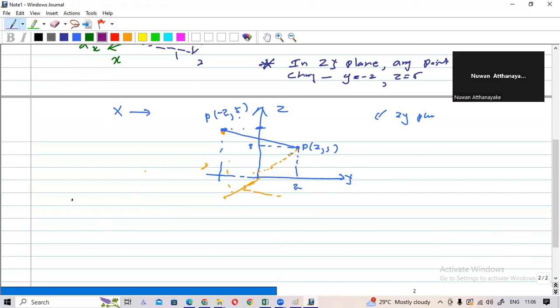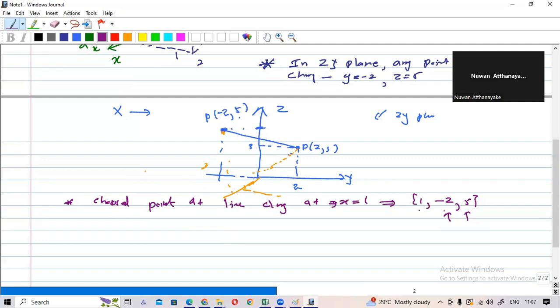You should choose a point on the line charge at x equal to 1, so that point will be (1, -2, 5), where the zy coordinates are -2 and 5.